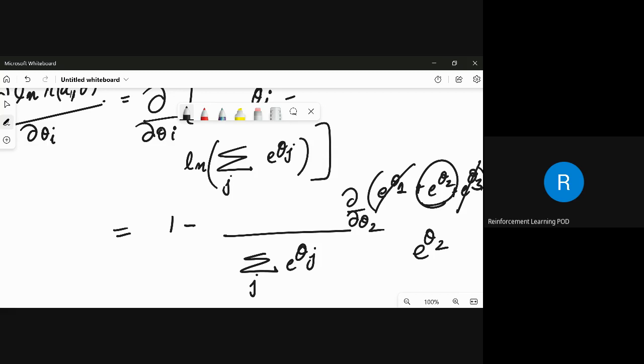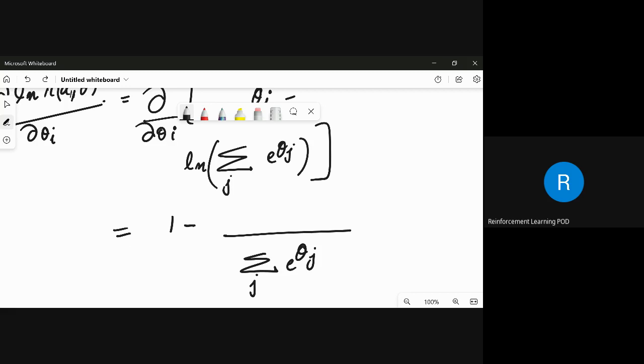Yes or no? Yes. Right. So there might be many theta j's, but out of all j's, there is exactly one theta i, right? So it will become e raised power theta i.